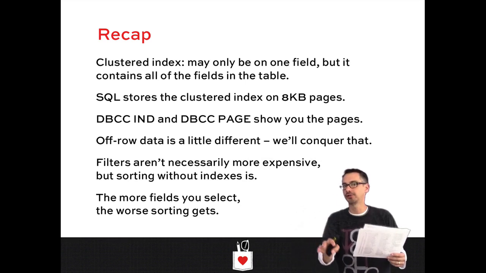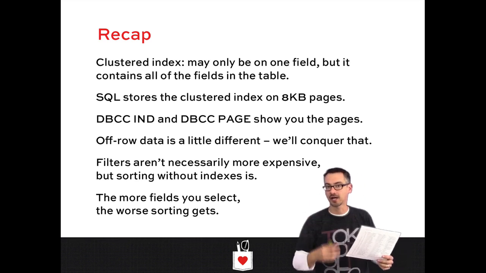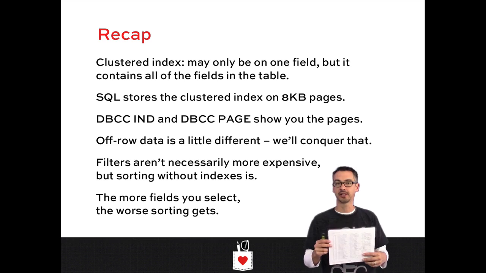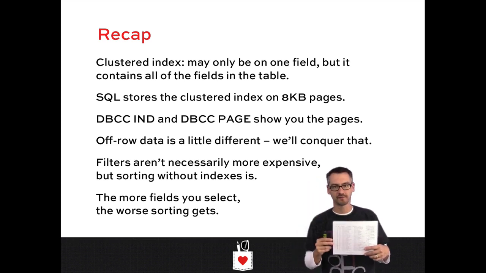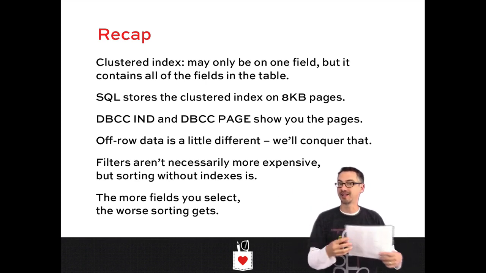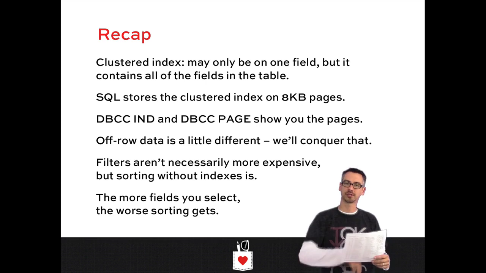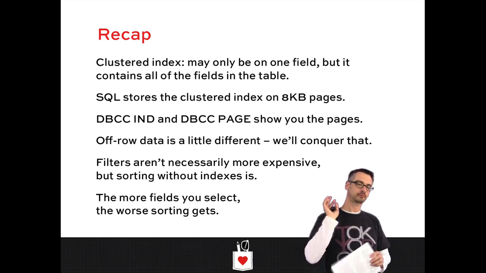Now, this starts to change a little bit when we get into SQL 2014's newer features, like Hekaton, for example, that stores the data completely differently. But for old school conventional tables, this is how it works. We also end up grouping them together into multiple pages, or multiple groups of pages called extents, and we'll tackle that later as well.